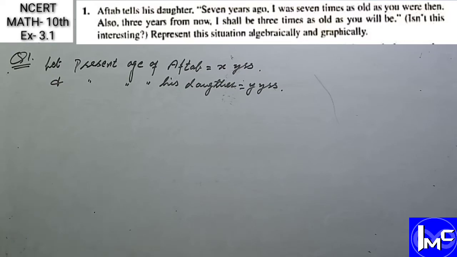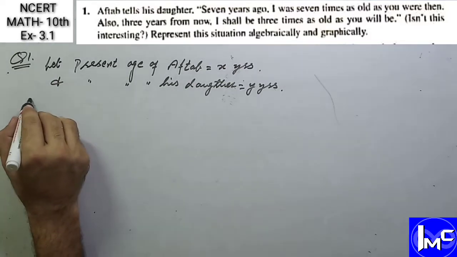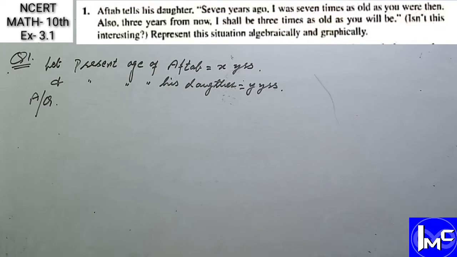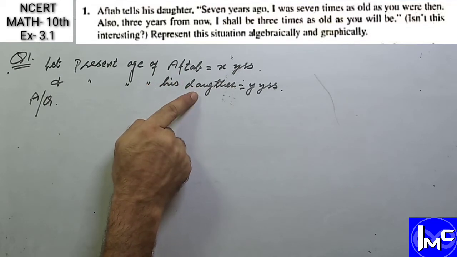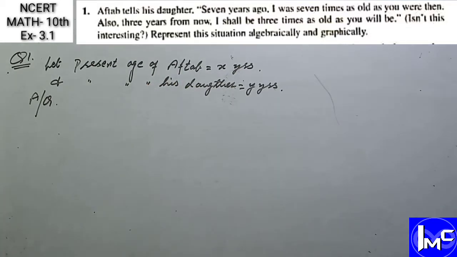Now according to our question, 7 years ago, now we will see what will be the age of Aftab and daughter before 7 years.